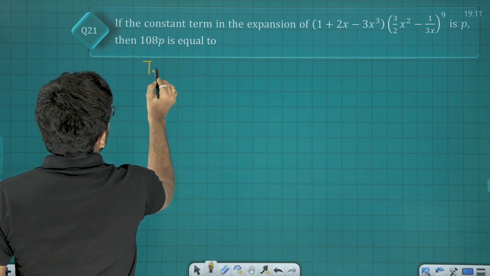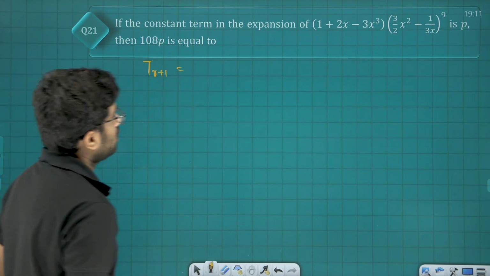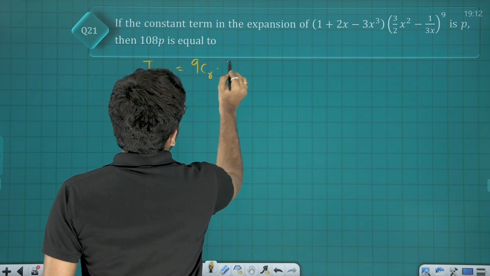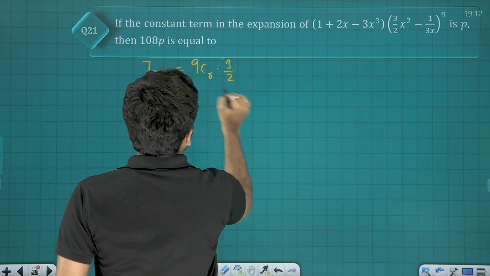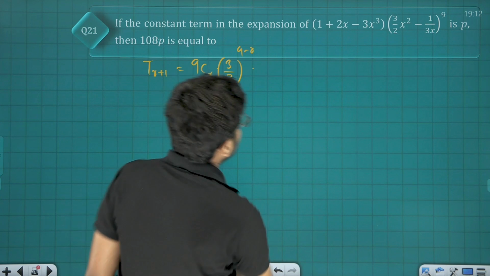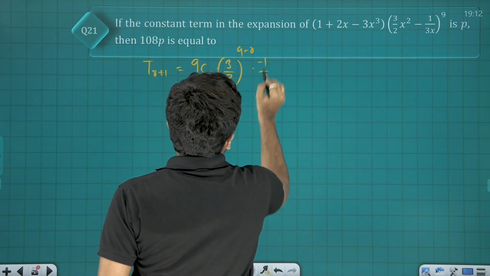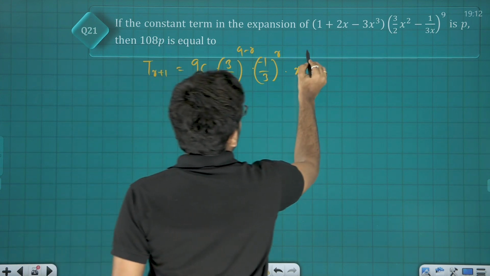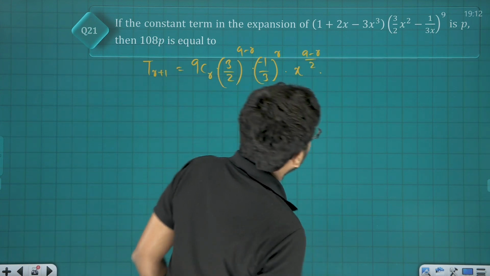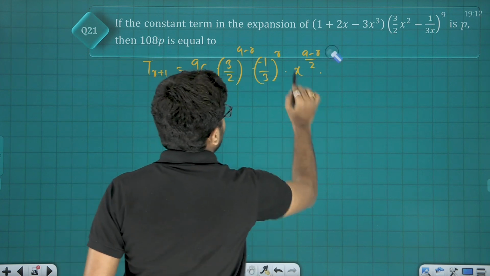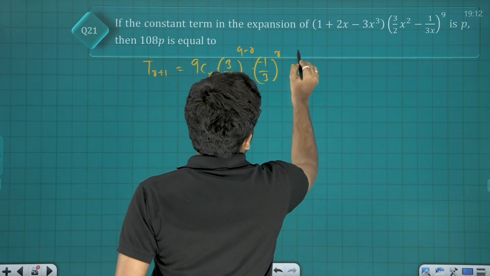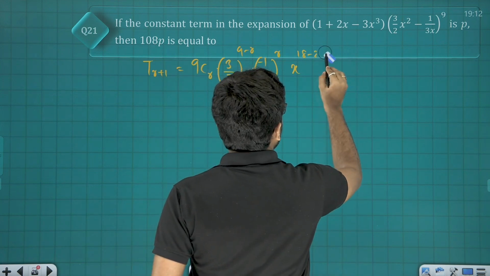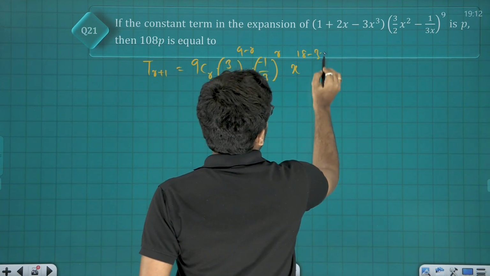The general term is T(R+1) is equal to 9CR into (3 by 2) raised to 9 minus R into (minus 1 by 3) raised to R into x square raised to (9 minus R) by 2, x power 18 minus 2R into 1 by x power R, that is 18 minus 3R. Finally, we get x power 18 minus 3R.